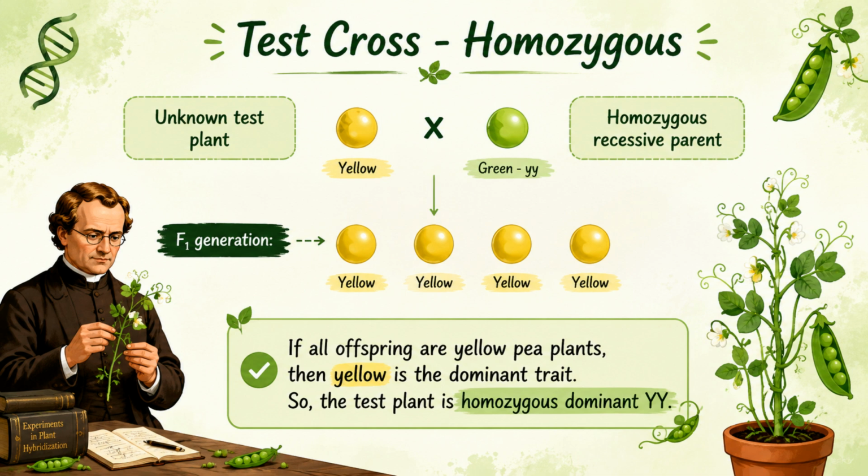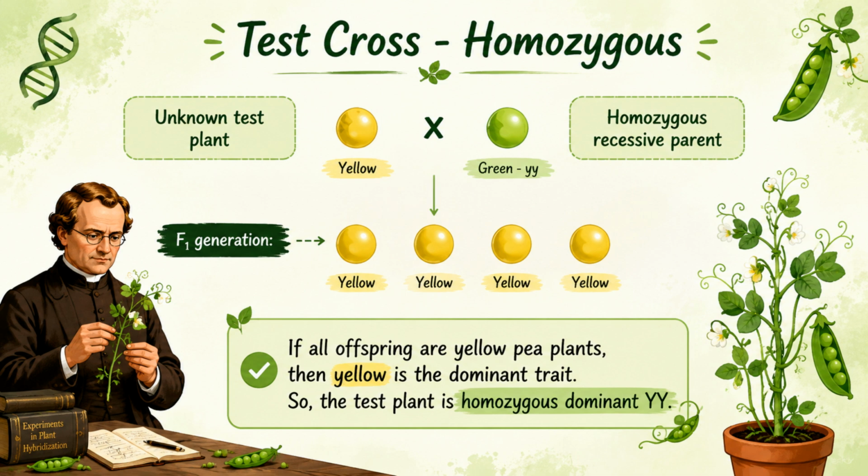To solve this problem, we perform a test cross. In a test cross, the unknown dominant individual is crossed with a homozygous recessive parent. Here, the unknown yellow seed plant is crossed with a green seed plant, which is homozygous recessive, yy. Now observe the result. After the cross, all the offspring produced are yellow.